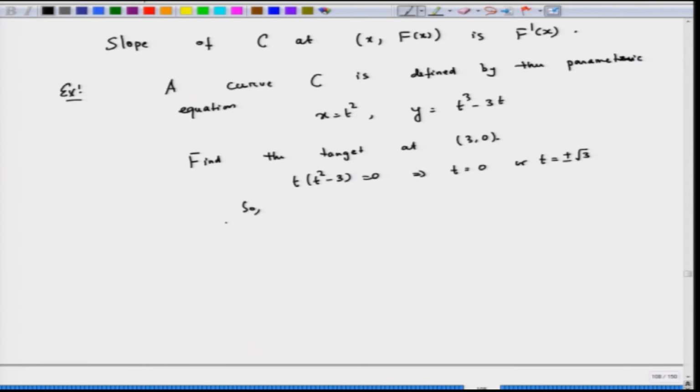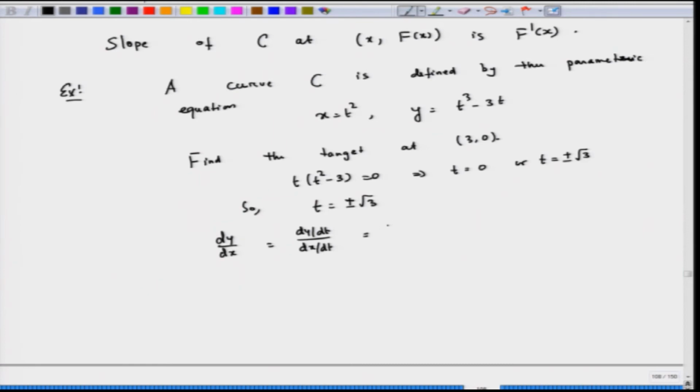So t is equal to plus or minus root 3. Now we want to find the slope, that is dy by dx, which is nothing but dy by dt divided by dx by dt. So this we can just compute.